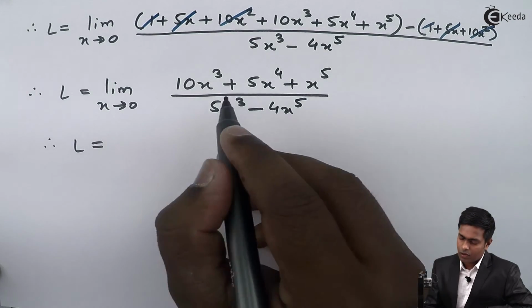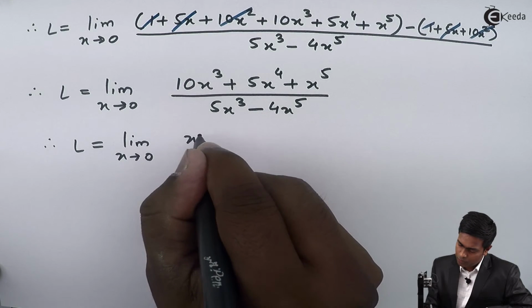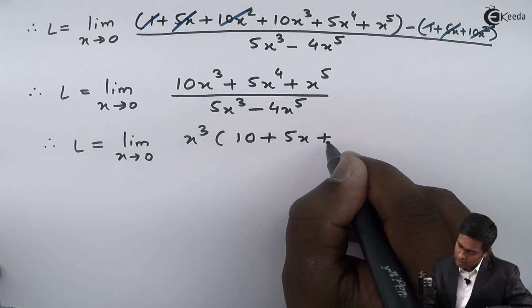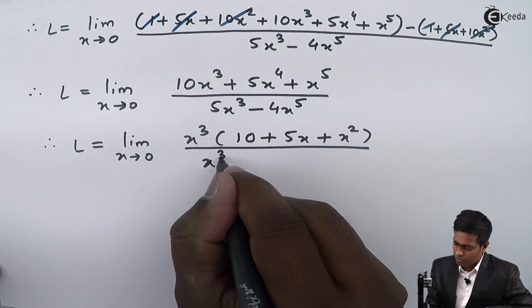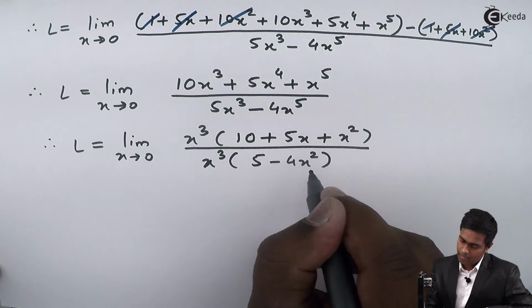Therefore, from the numerator we can take x cube common, we will get 10 plus 5x plus x square. From the denominator we can take x cube common, we will get 5 minus 4x square.